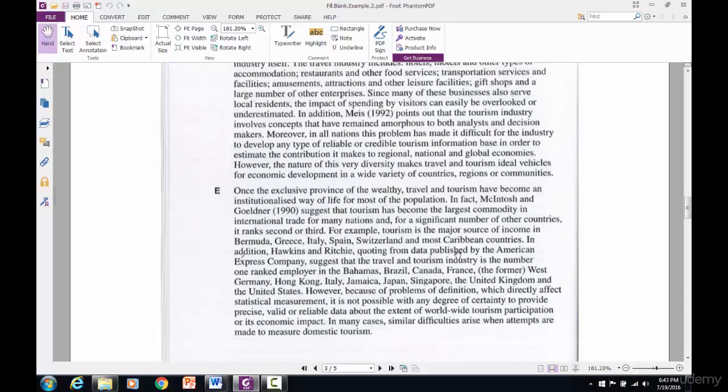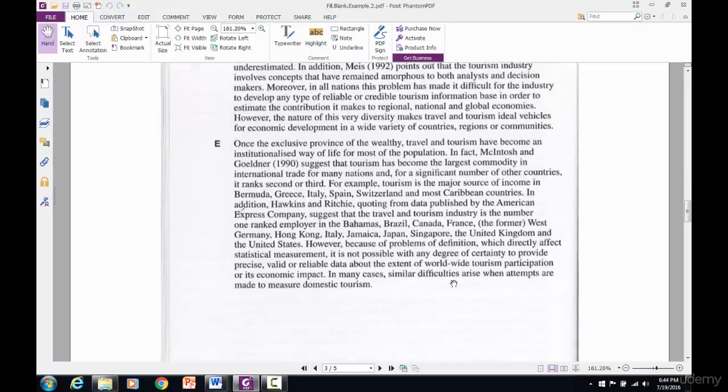So after that we're looking for a sentence with Jamaica, and there we have it right there. "In addition, Hawkins and Ritchie, quoting from data published by the American Express Company, suggest that travel and tourism is the number one ranked employer in the Bahamas, Brazil, Canada, France, West Germany, Hong Kong, Italy, Jamaica, Japan, and other countries."